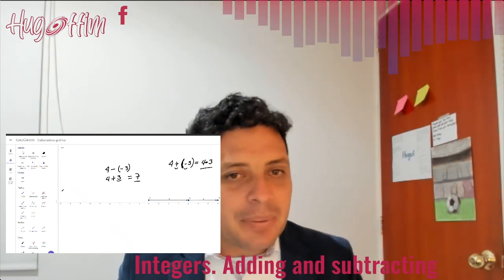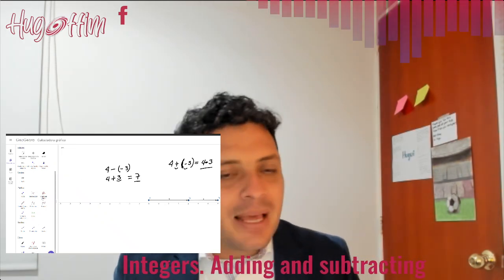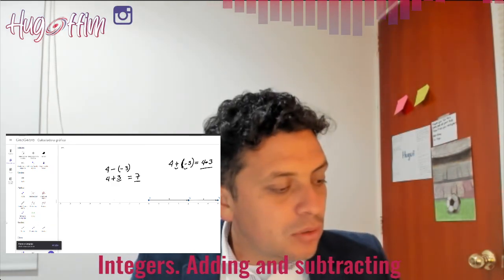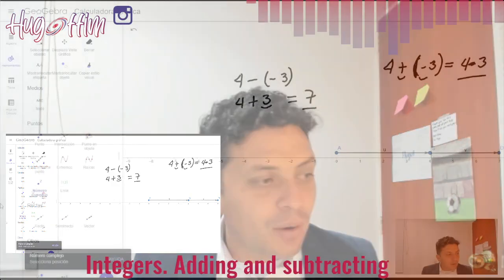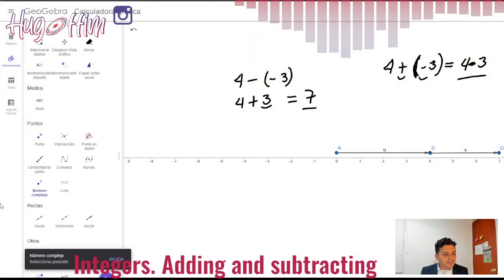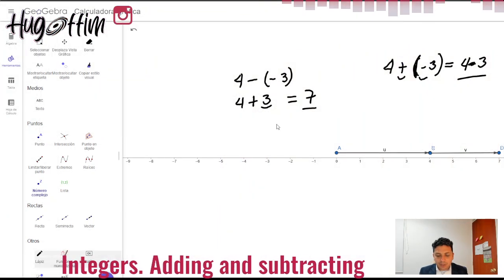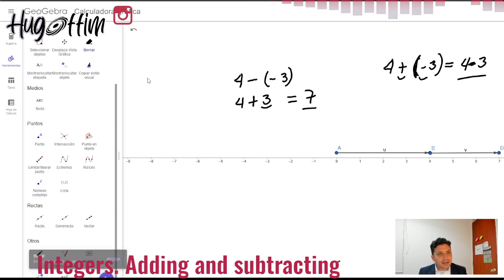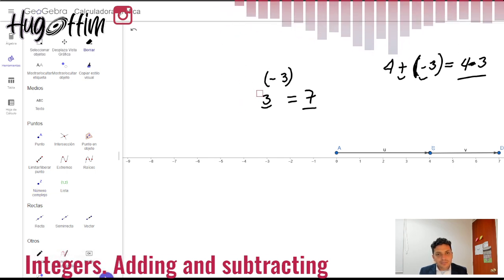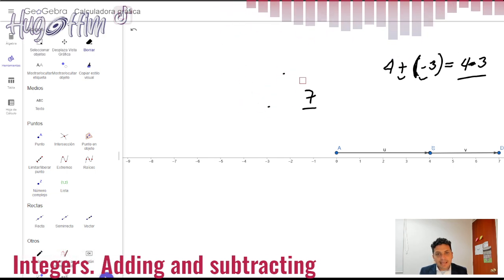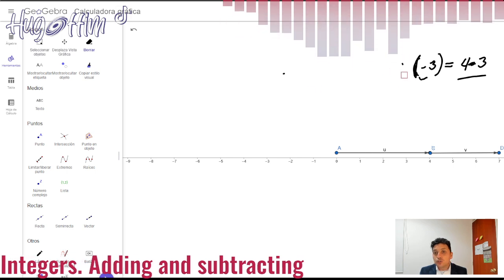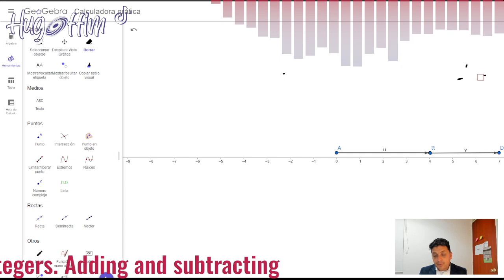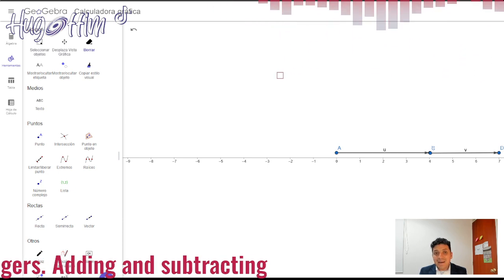Now, but what happens if I want to find out two negative numbers? Let's say that right now I'm going to do negative 3 minus 5.